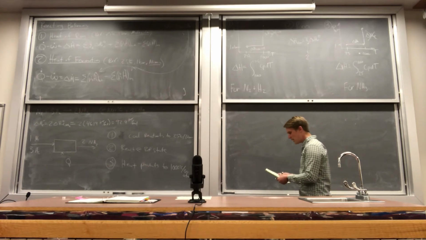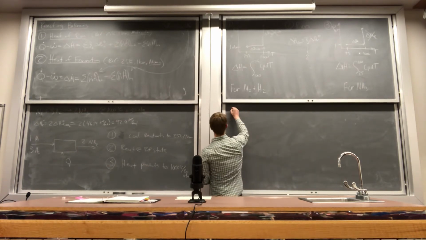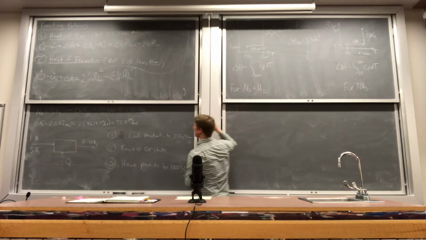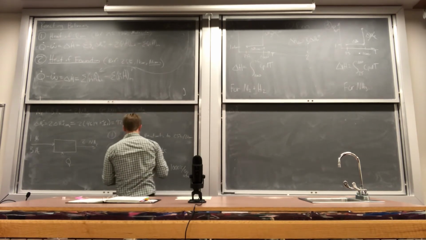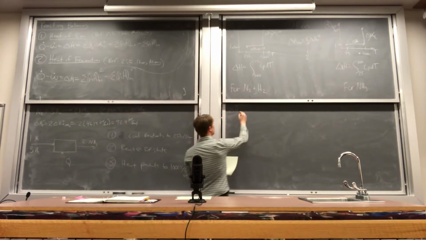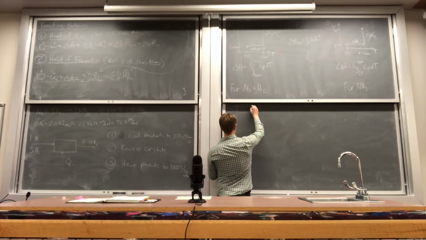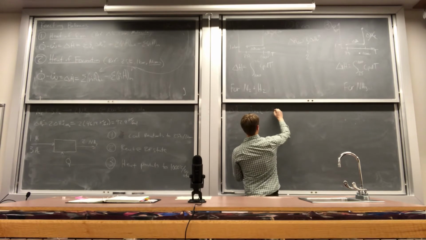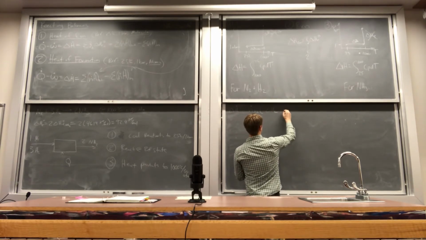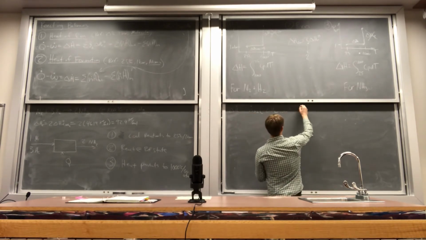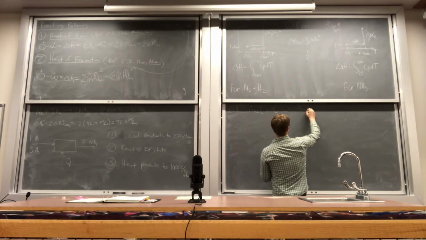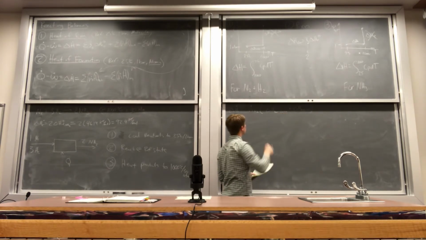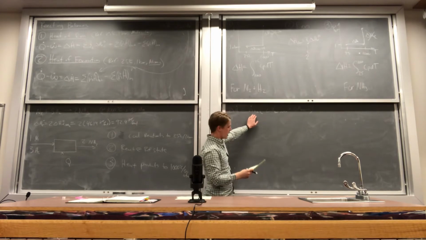So, in this case then, our delta H that we would plug in to our energy balance to figure out our Q. We have our contribution from nitrogen.